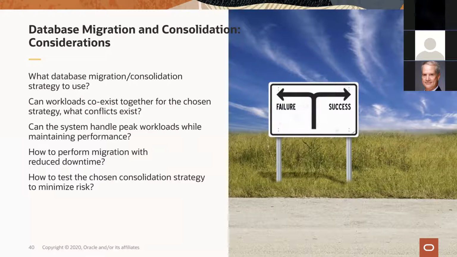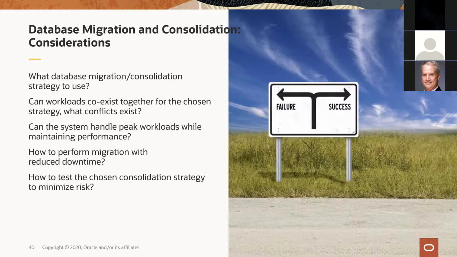For example, if I have two CPU bound applications, then my storage will not be used, and the opposite, if I have two storage based applications. And of course, we also need to know, can our system handle the peak workload? So when we consolidate, will there be peaks that actually max out the system or not?